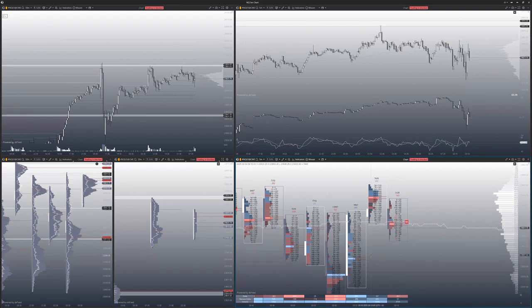Okay, maybe we can take one trade. Let's see if it goes to this price here.